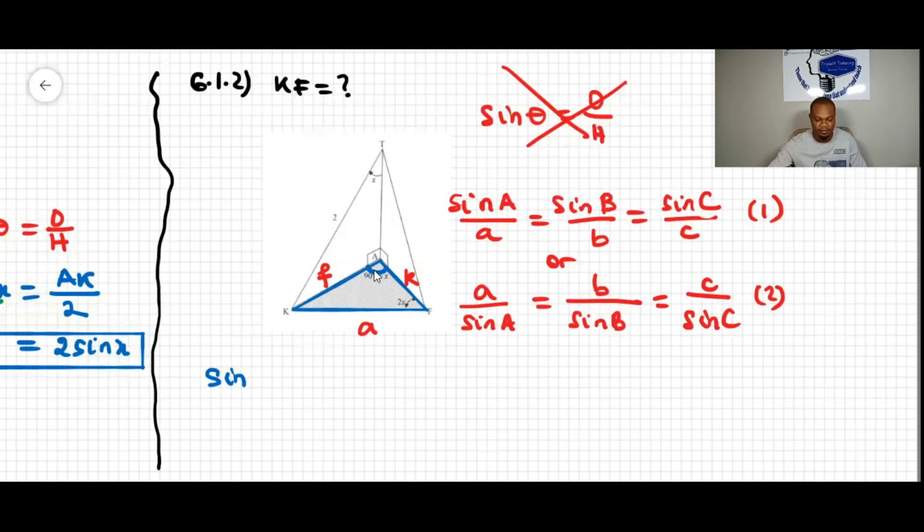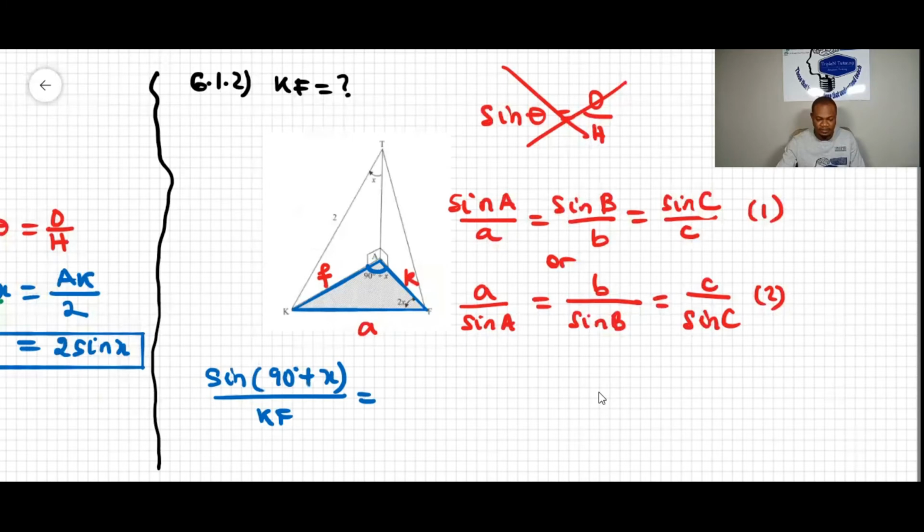Okay. Let me take it off. Yes, it is 90 degrees plus X. So put it back there. That will be sine of 90 degrees plus X all over KF. Okay. Then this must be equal to AK here, this side AK.